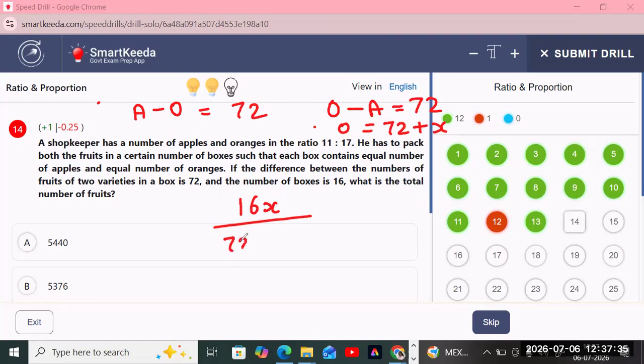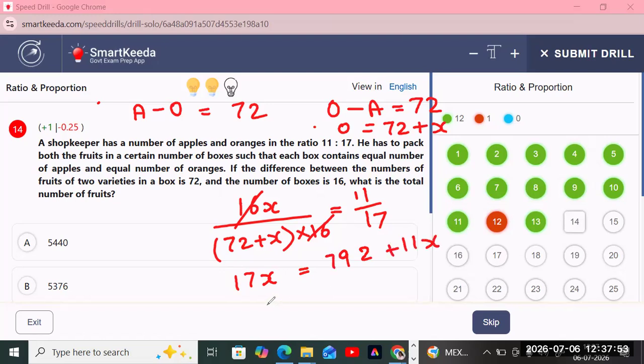So 72 plus x into 16 is equal to 11 upon 17. The 16 was cancelled out. 17x is equal to 497 plus 11x. And now 6x is equal to 792. The x is equal to 132.